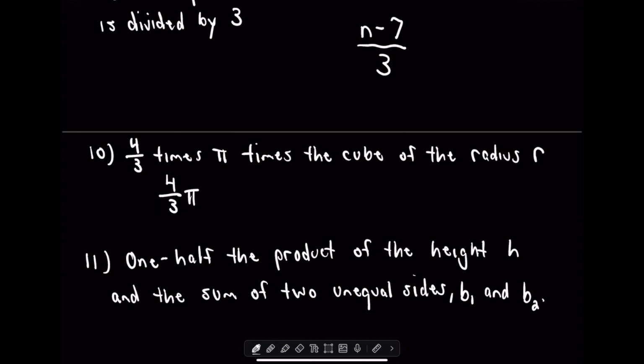But typically, you'll just see it written in this more compact form. And then it says times the cube of the radius r. Well, recall that if we have the cube of some quantity, we take that value and multiply it by itself 3 times. So this is now going to be the cube of r. I'm multiplying it 3 times.